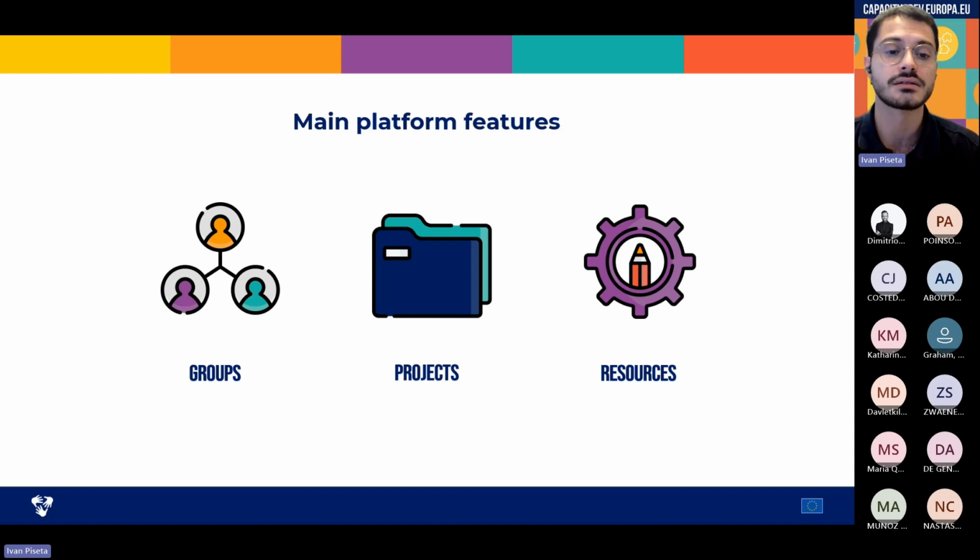You can select your interest topics and interest countries. This is the first thing you do when you register in the platform. So be very aware of what you select, because this is also what is going to appear on your feed on your homepage.